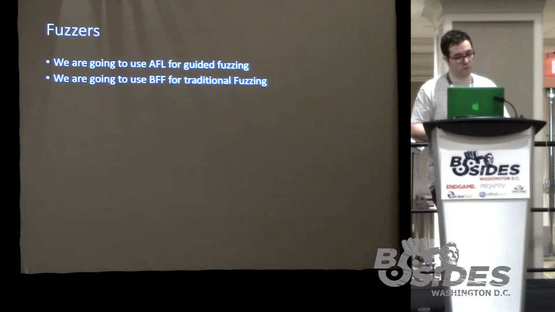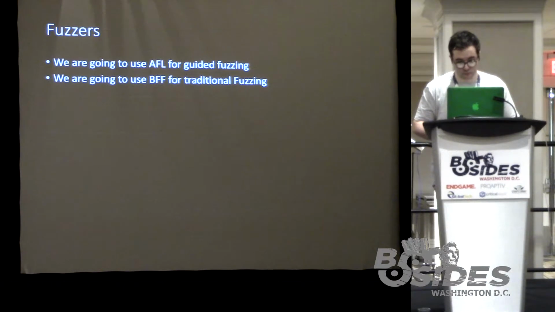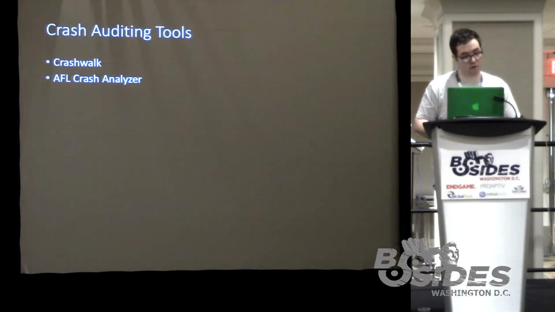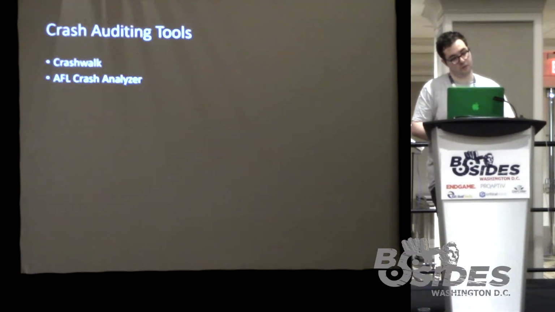So we're just going to assume we're running AFL for guided fuzzing and BFF for traditional fuzzing. And for crash auditing tools in our experiments, we're going to use CrashWalk and AFL Crash Analyzer, although I think I only have numbers for you later for one of those, so keep that in mind.